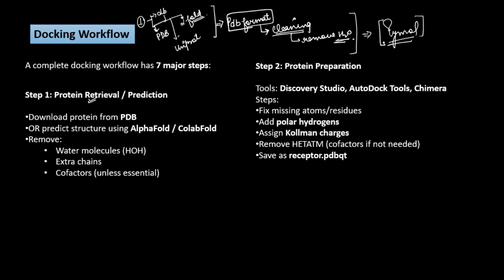After cleaning the protein, the next step is protein preparation. If we perform the molecular docking with AutoDock Tools, then we load this protein in AutoDock Tools, add the polar hydrogens, and also assign the Kollman charges.